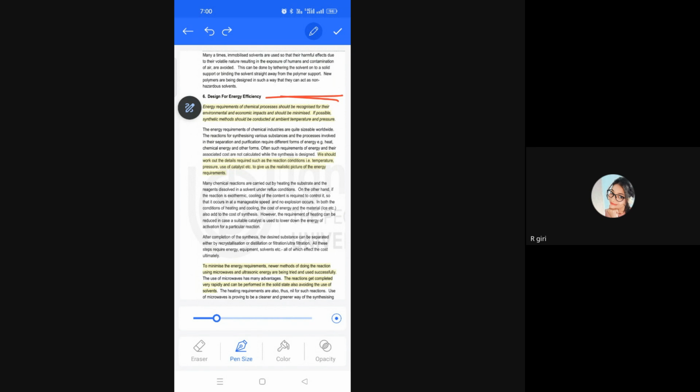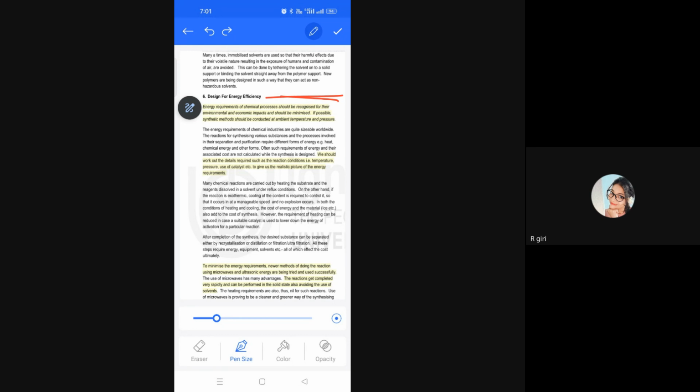The energy requirement of a chemical process should be recognized for its environmental and economic impact and should be minimized. If possible, synthetic methods should be conducted at ambient temperature and pressure. Ambient temperature and pressure means normal conditions, normal atmospheric pressure and normal room temperature.